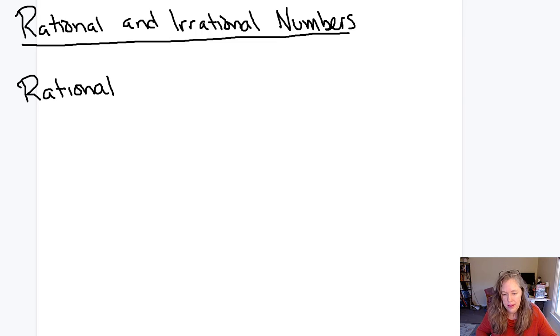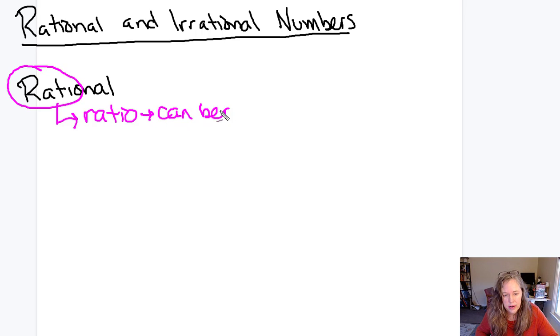Inside rational is the word ratio, and ratios can be written as fractions.